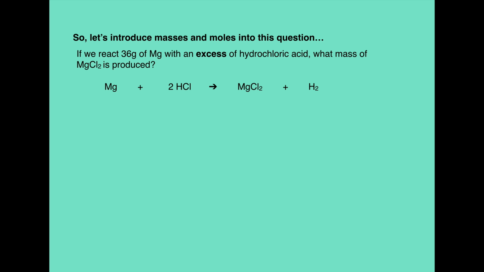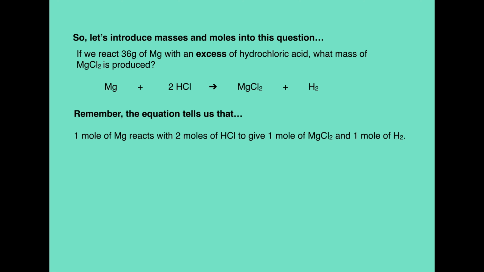Let's have a look at masses and moles in this same question. If we react 36 grams of magnesium with excess hydrochloric acid, what mass of magnesium chloride is produced? So it's the same equation, obviously, and we've got to make sure we balance it before we start working with it.